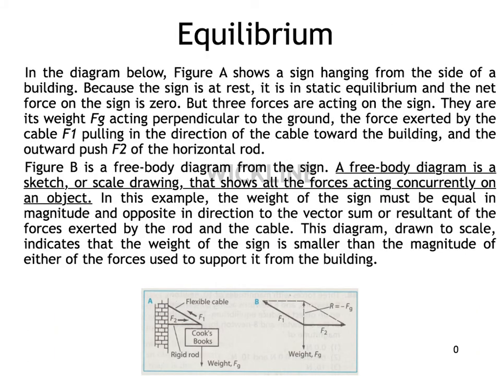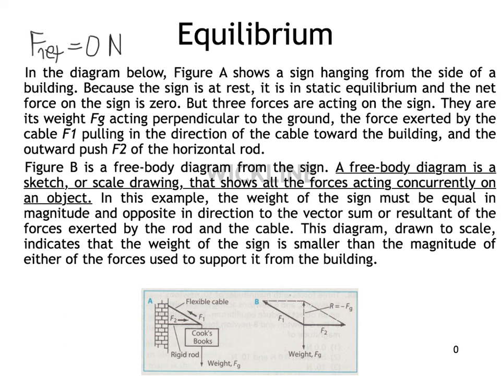So this slide has a really short discussion on equilibrium, which is that if you can get all the forces acting on an object, all the concurrent forces, to sum up, whether that's algebraically or geometrically, to zero, then we say that it has a net force of 0 newtons.